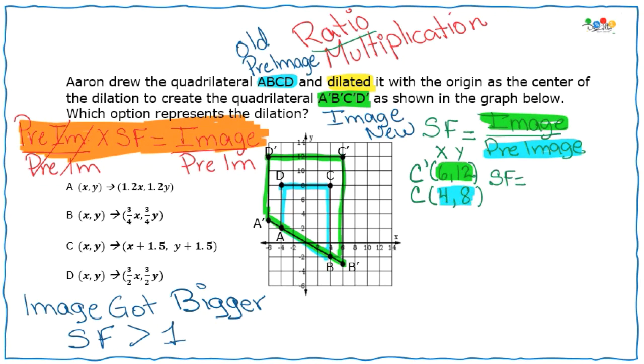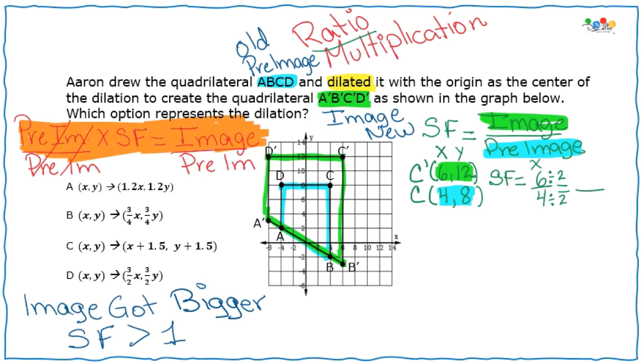So what I want to do next is compare my X and my Y values. So I'm going to compare the X values. So I'm going to write down 6 over 4. Because remember, the 6 and the 4 are my X values for image and pre-image. I need to simplify this, and I will divide by 2. You always need to divide.